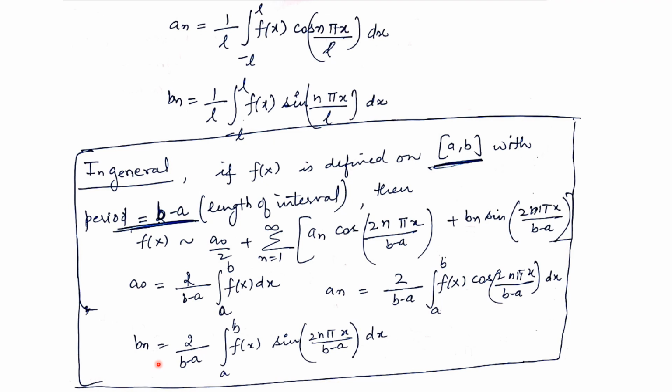So if we have to obtain the Fourier series of any periodic function, we have to first find the values of a naught, an's and bn's and substitute over here. We will get the Fourier series expansion of the function f(x).